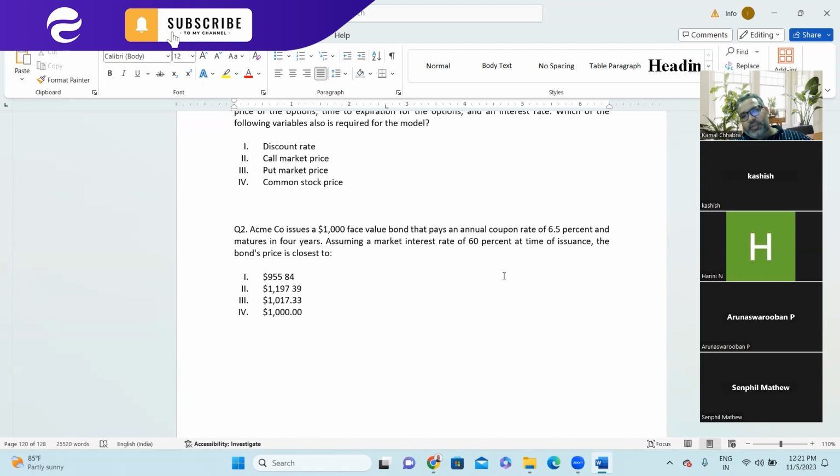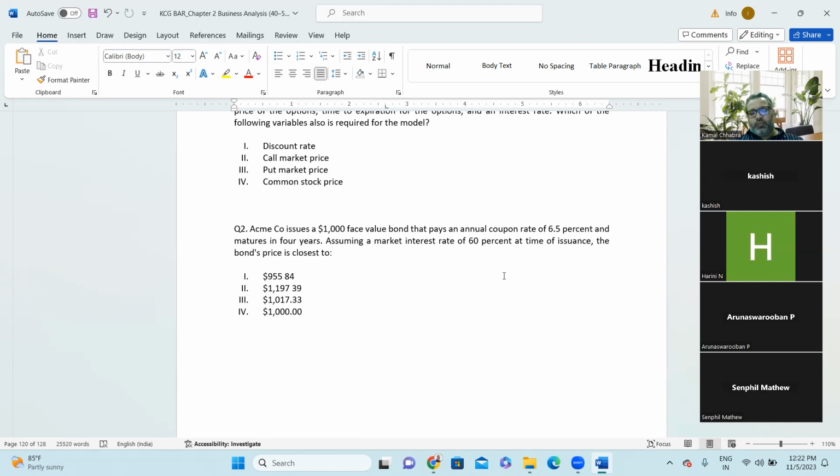That means you will be charging a premium, right? For example, in the normal market the interest rate is 6% and you are paying 6.5% interest on the debentures, so your debenture will be at a premium.